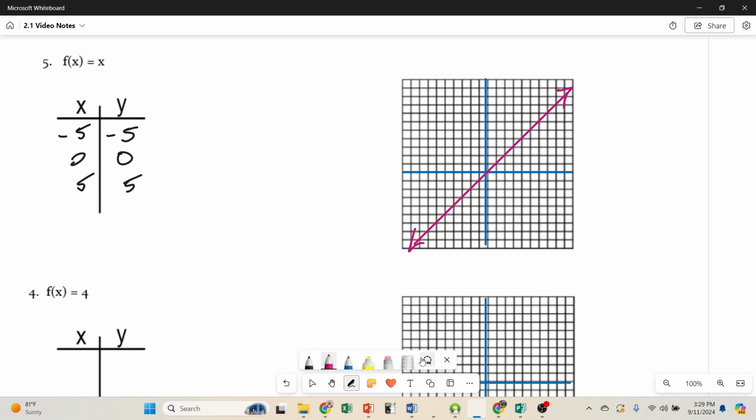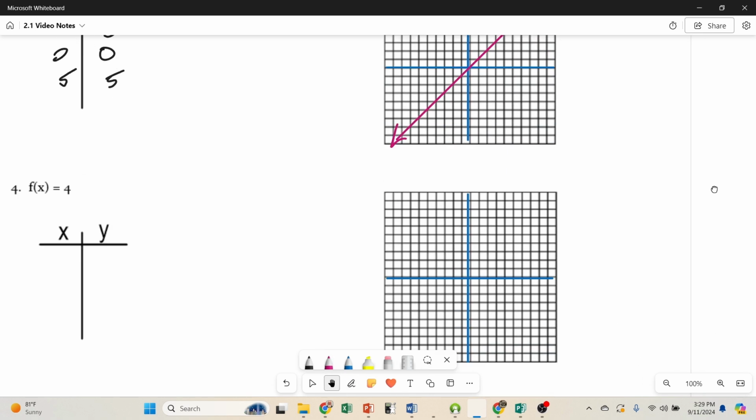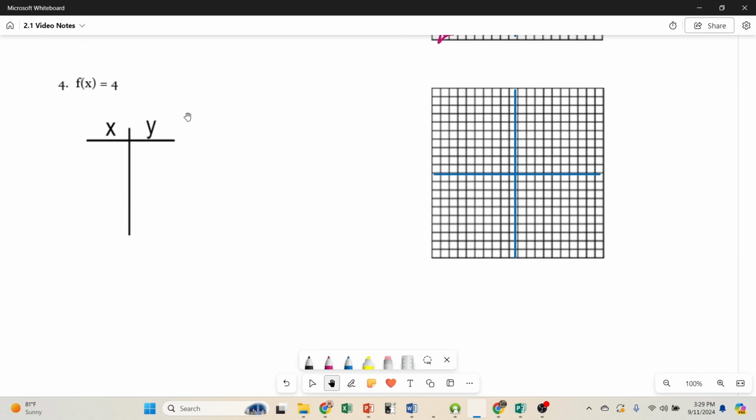Now, this situation is very interesting. You're looking at this and going, wait, this function always equals the same number. No matter what I put in for x, y is always going to be 4. So if I put in negative 5, y is 4. If I put in 0, y is 4. If I put in positive 5, y is 4. It doesn't matter. No matter what you plug in for x, y is 4. f of x is 4.